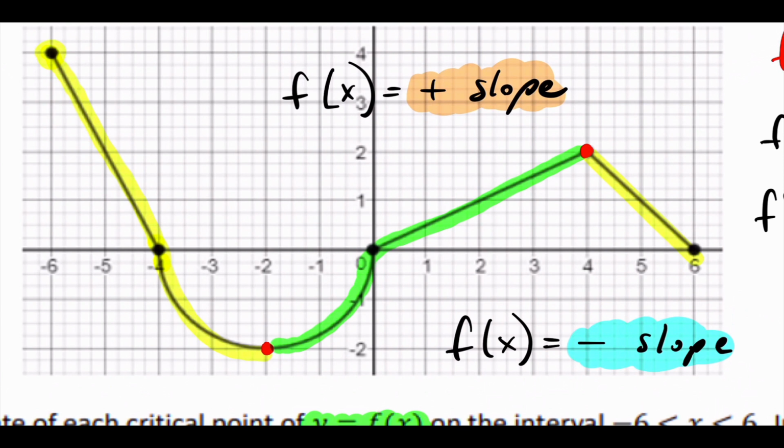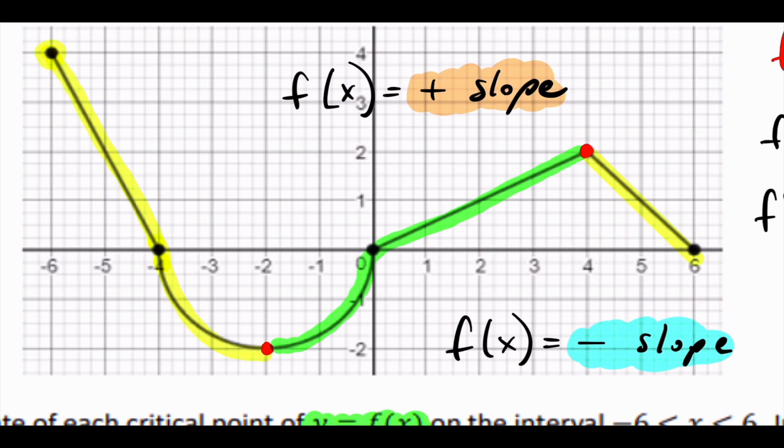So decreasing from -6 to -2, decreasing negative slope means concave down. Increasing from -2 to 4, concave up.